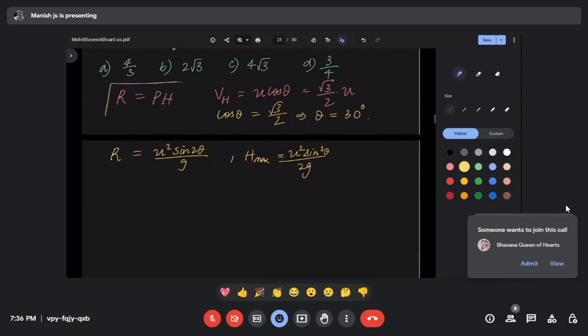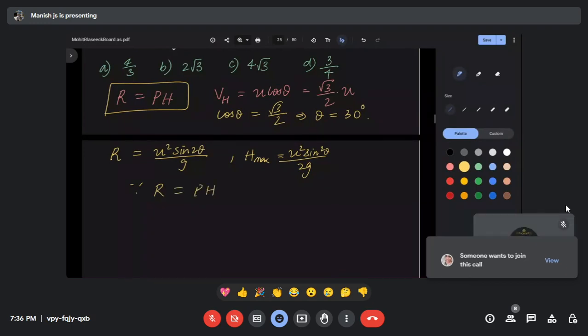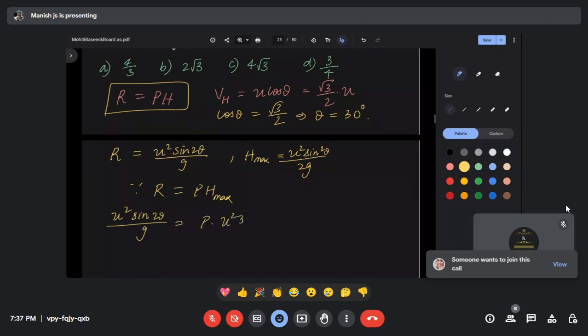You already told me the relation where R is equal to p times h, that is h max. So I am substituting: u square sine 2 theta upon g is equal to p times h max, which is u square sine square theta upon 2g.